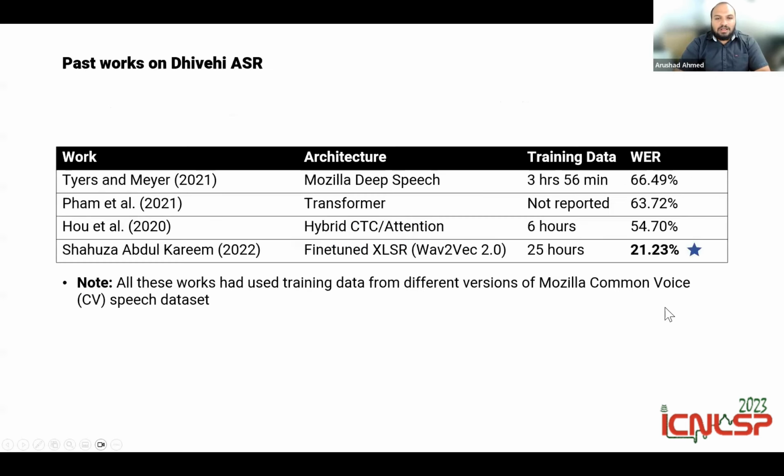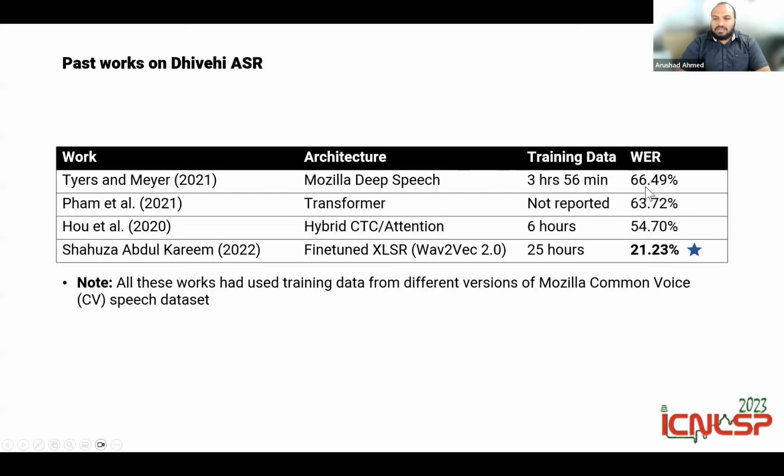There has been some past work done on Dhivehi ASR. Most of the work has been done as part of evaluating multilingual models on under-resourced languages, specifically by Tiazen, Maya, Fairmetal, and Humetal. They were able to obtain word error rates around 66 to 54%. Here the lower number is better.